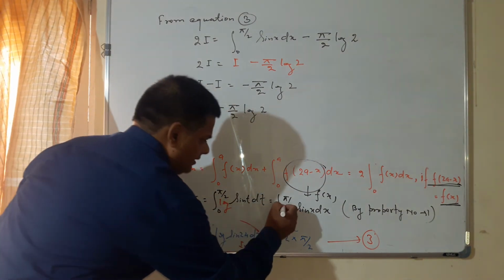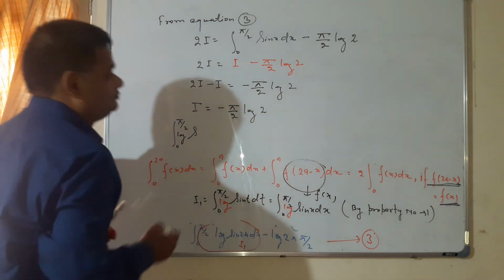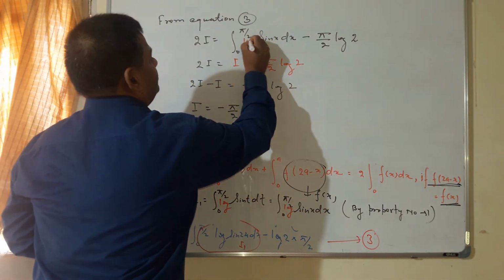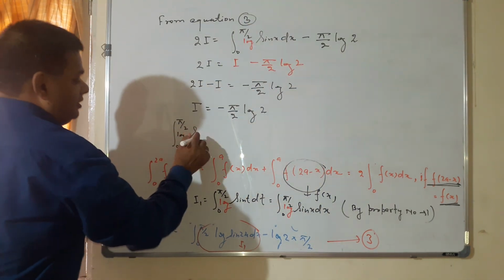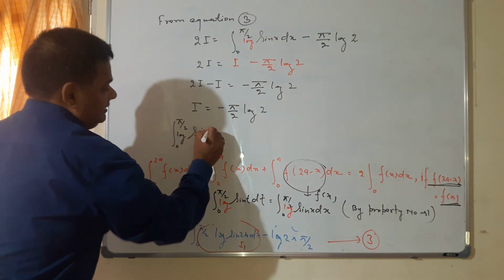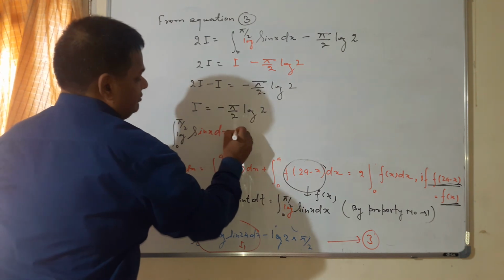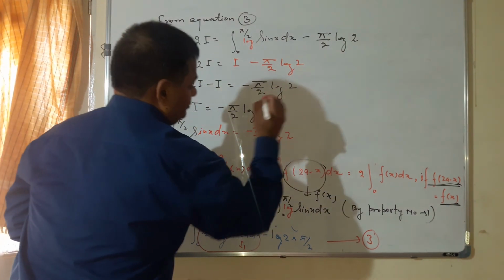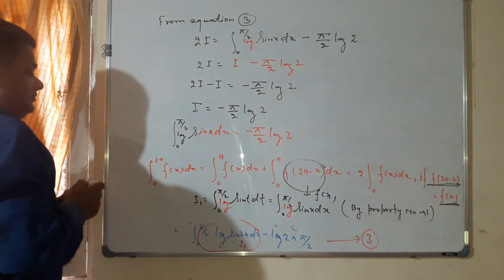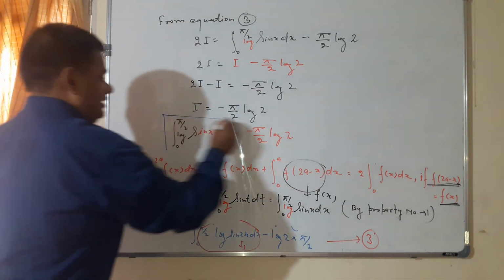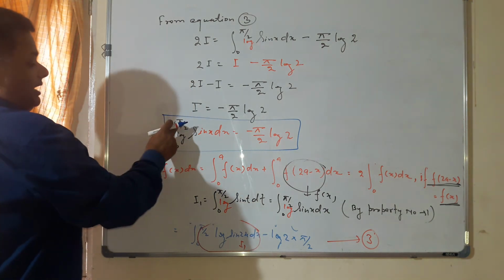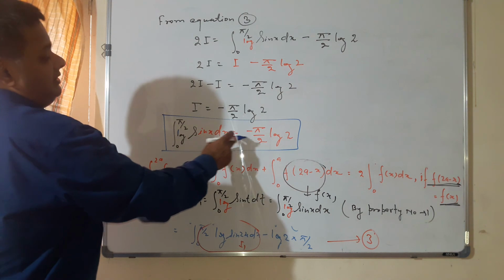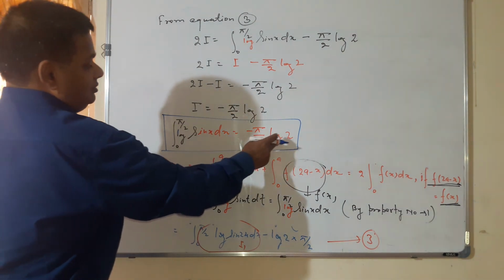So the integral of log sin x dx is equal to minus pi by 2 log 2. This is your answer. So the integral from 0 to pi by 2 of log sin x dx is equal to minus pi by 2 log 2.